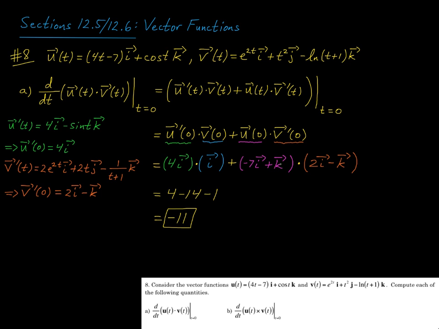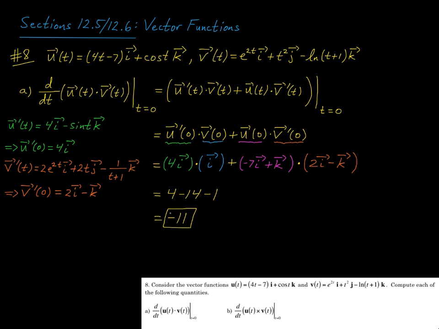And to compute this dot product, we'll multiply the i components, so negative 7 times 2 is negative 14. Then 0 for both j components, so that doesn't contribute anything. And for the k components, it's a 1 times a negative 1, so that's a negative 1. So I get 4 minus 14 minus 1, that's negative 11.